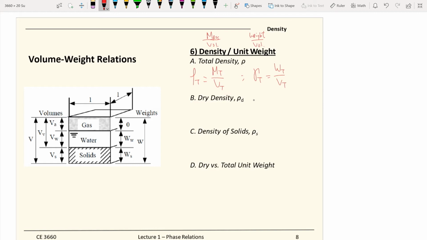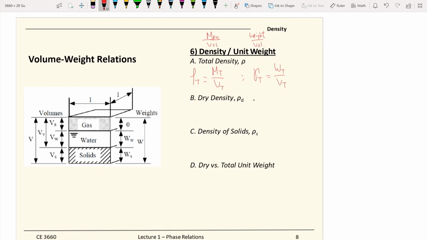So given the phase problems, sometimes they ask you about density, sometimes they ask you about unit weight. You just need to be very careful on which one is from the mass and which one is from the weight. And mass is usually represented by grams, and weight is usually represented by pounds or kilonewtons. So that is the total density.